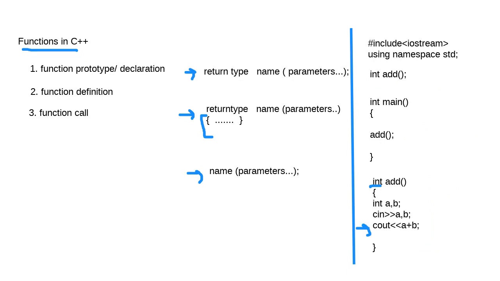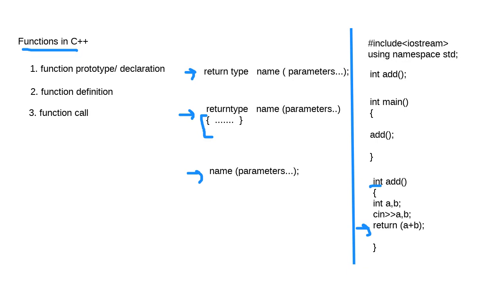Instead of cout, what do I write? Tell me. Can I say instead of cout, I need to write this time return a plus b? Here I want to return the result to the main, right?